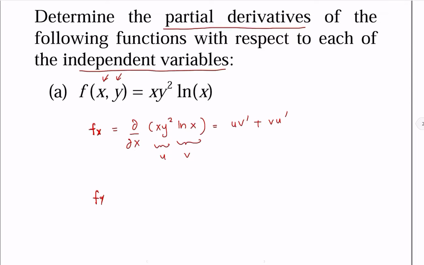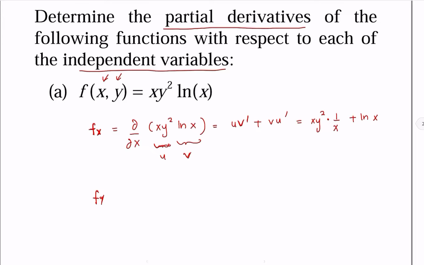U is x y squared. For ln x, we differentiate to get v prime, which is 1 over x, multiplied with u, plus v remains, ln x.